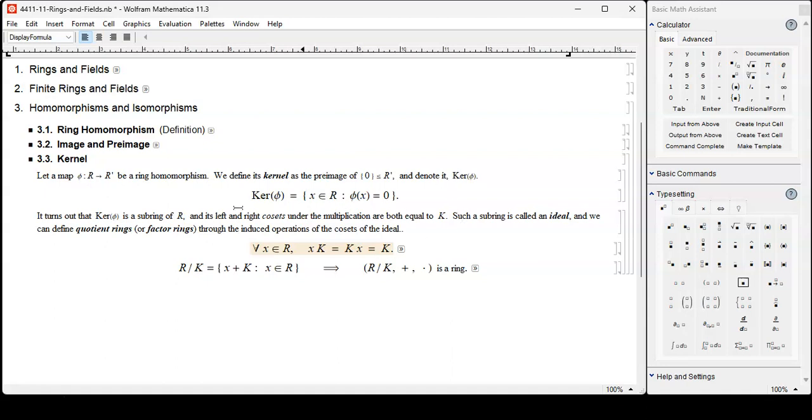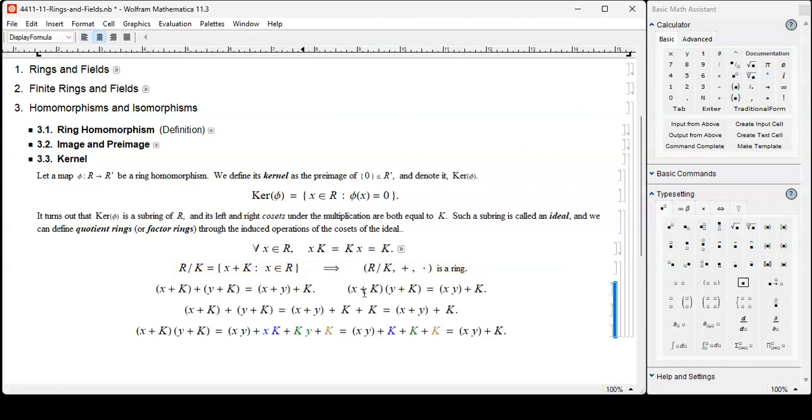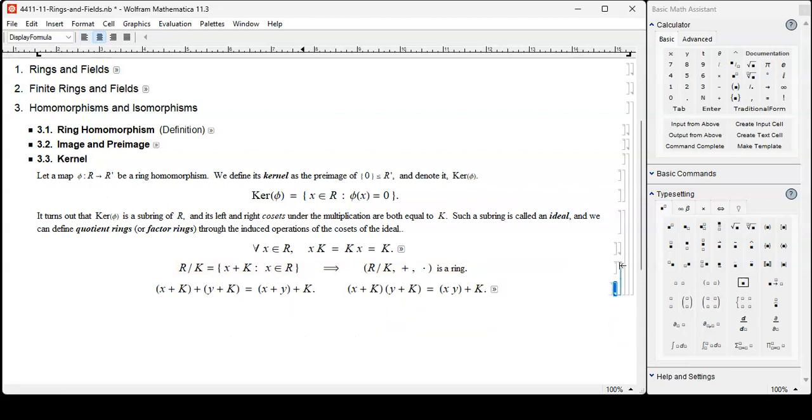By the way, we just proved the kernel satisfies this, and consequently we can consider factor rings for kernels, but by doing these, you can prove, as a matter of fact, any ideal will generate a factor ring. So it doesn't have to be a kernel of any homomorphism. Just any subring with this property will do.